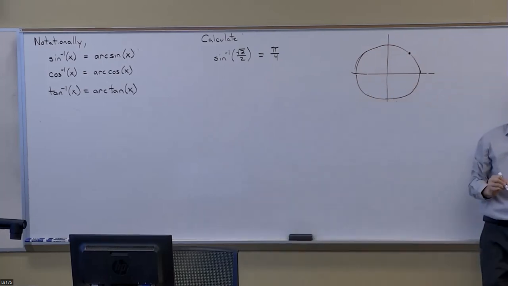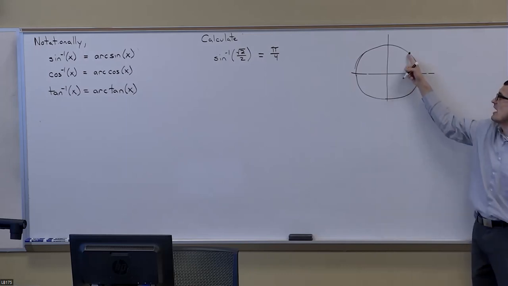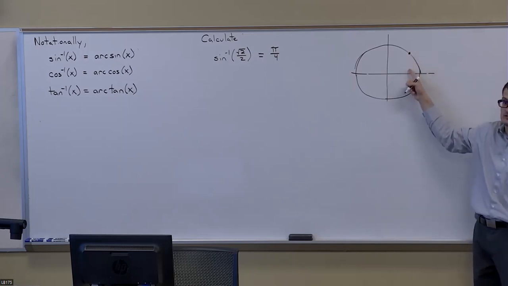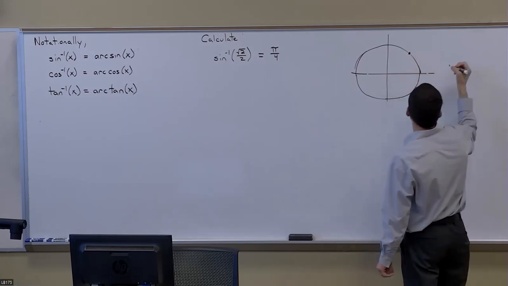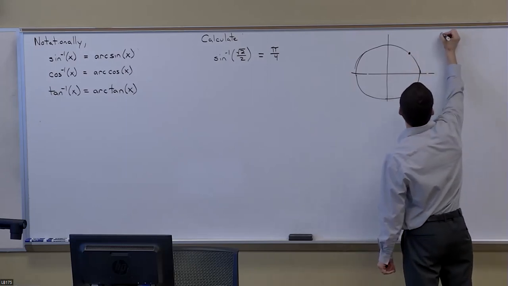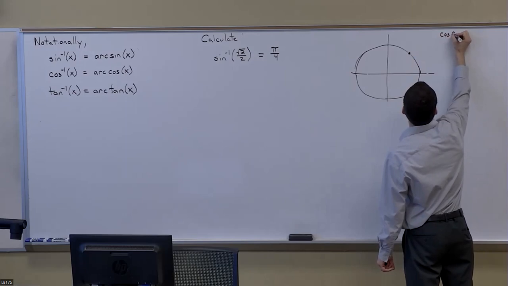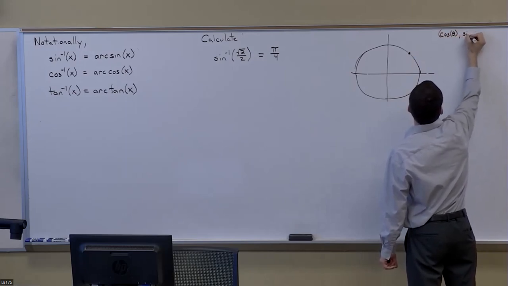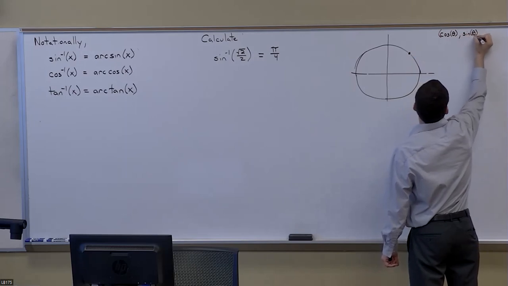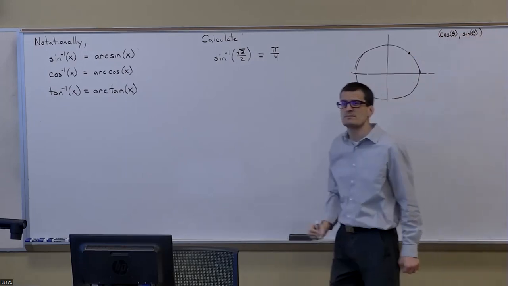If I go back to the unit circle, on the unit circle, sine was how high on the unit circle it is. So if I have a point on the unit circle, remember that point is cosine theta, comma, sine theta. Right?